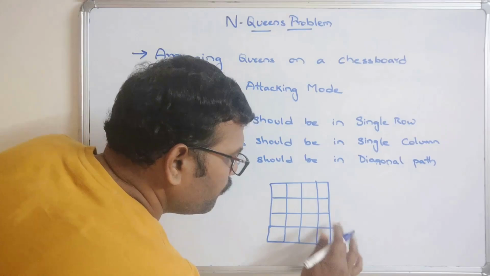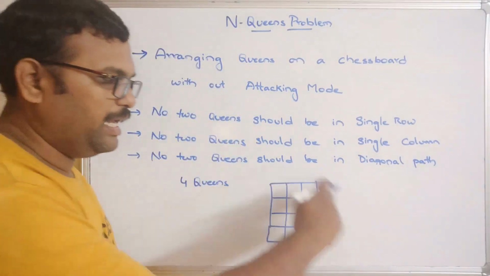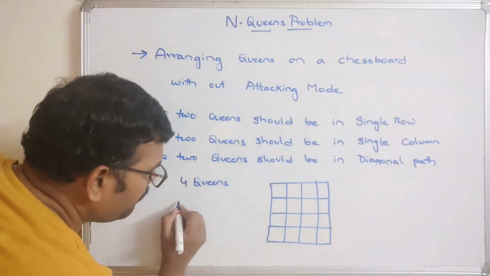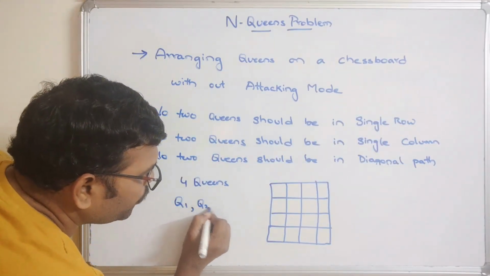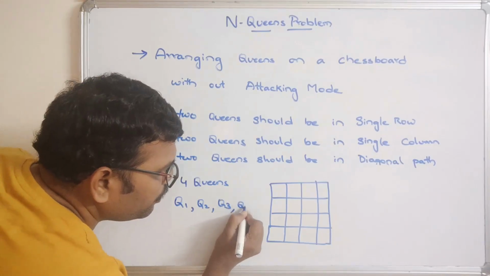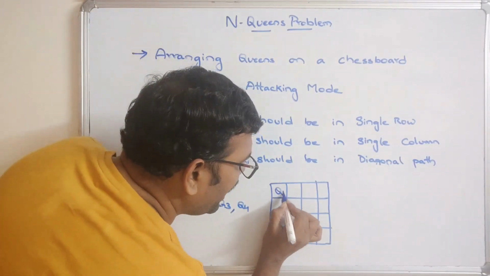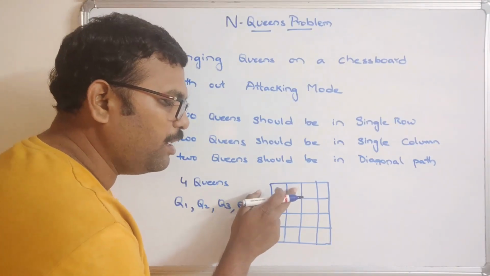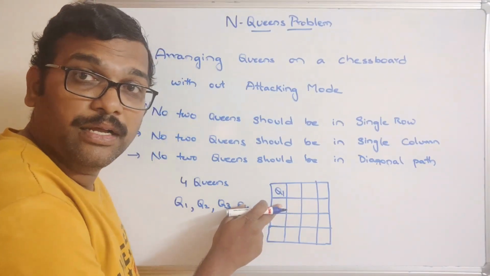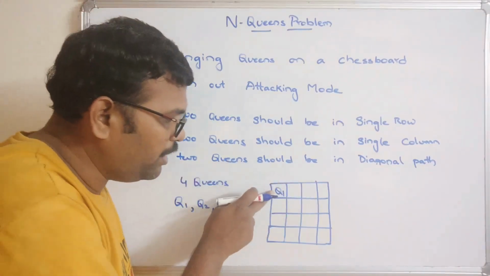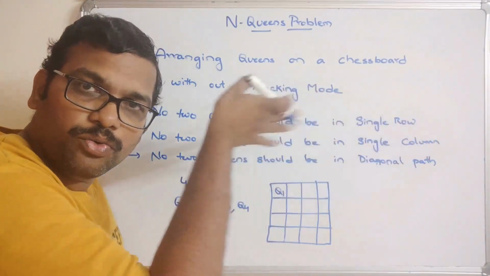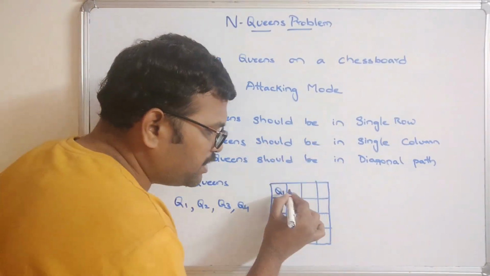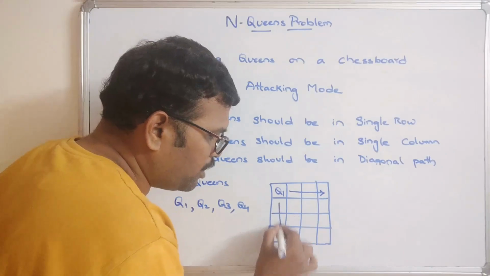We need to arrange the 4 queens on this board so that no two queens are in the same row. For example, the 4 queens are Q1, Q2, Q3, Q4. If I arrange Q1 here, I can't arrange Q2 here or here or here, because the steps a queen can follow are towards the rows, the columns, and the diagonals. This queen can move n number of steps this side, this side or this side.